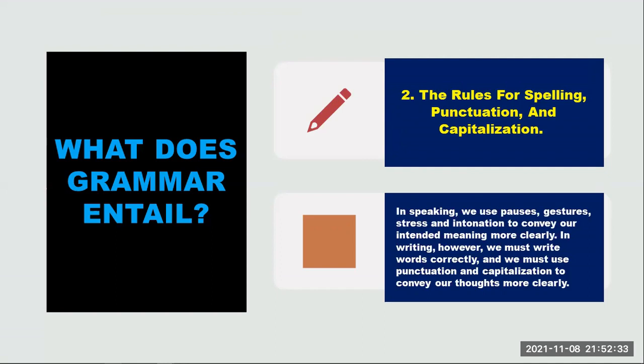In this case, we have to ensure that we use the correct spelling of the words. Then another thing that is important in grammar is punctuation. We use punctuation marks to indicate where we have a break, such as where you have a comma or a full stop.